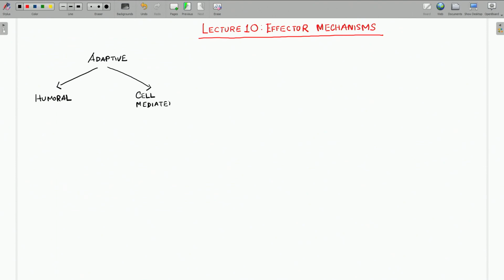These are the two main branches of the adaptive immune system, and we have discussed very briefly the processes of activation of the cell mediated immunity, the activation of the B cells, and all the series of events that occur in the adaptive immune system.